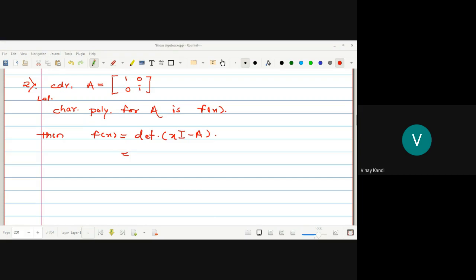Find it and tell me. One and I. Now look at it.